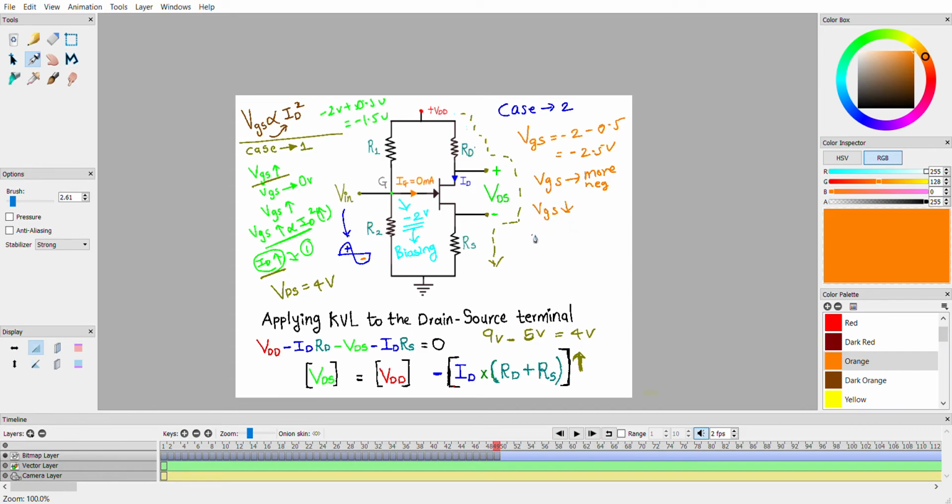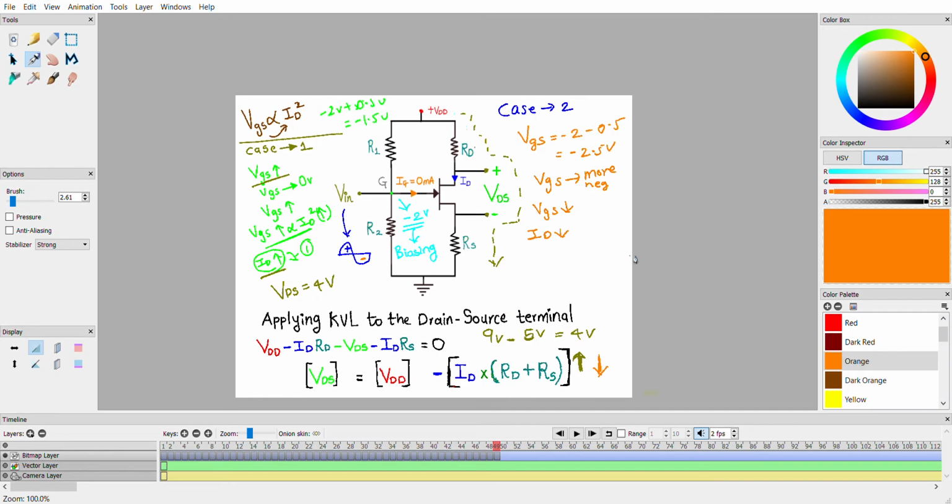If VGS is decreasing, that means ID is also decreasing, since ID is directly proportional to VGS square. Now see, if ID is decreasing, that means the whole factor, ID into RD plus RS, will decrease. Since it will decrease, our VDS, the output voltage, will increase.